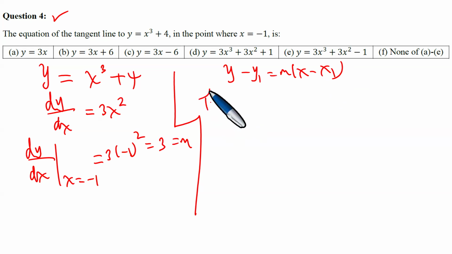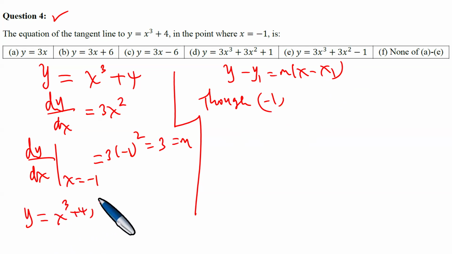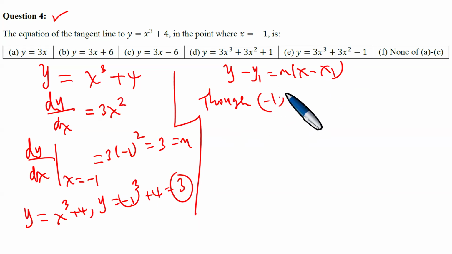Since it passes through x equal to minus 1, where y itself is x cubed plus 4, y equals minus 1 cubed plus 4, and therefore this becomes exactly 3. So whenever x is minus 1, y equals 3.